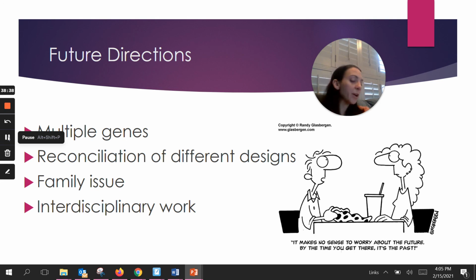And interdisciplinary work. We have to work across fields, like the model in the previous slide, to discover how genetics, hormones, and family environmental factors combine to produce disruptive behaviors. So this means that biologists, geneticists, behavioralists, psychologists, and educators all have to work together to determine how exactly disruptive behaviors are formed.